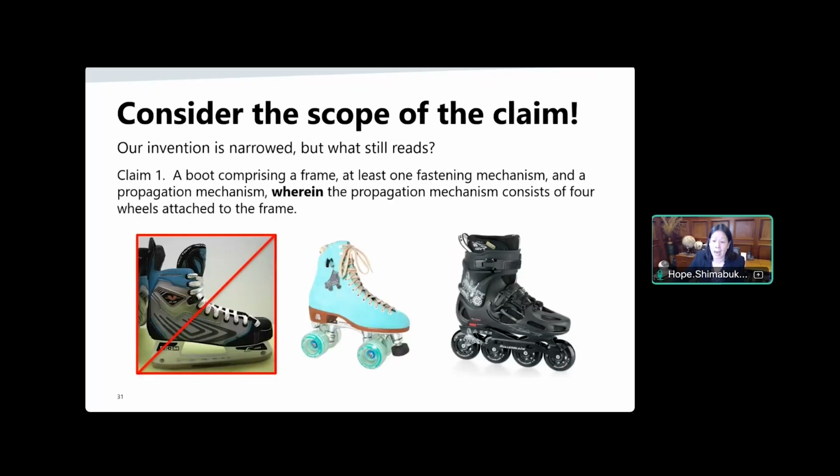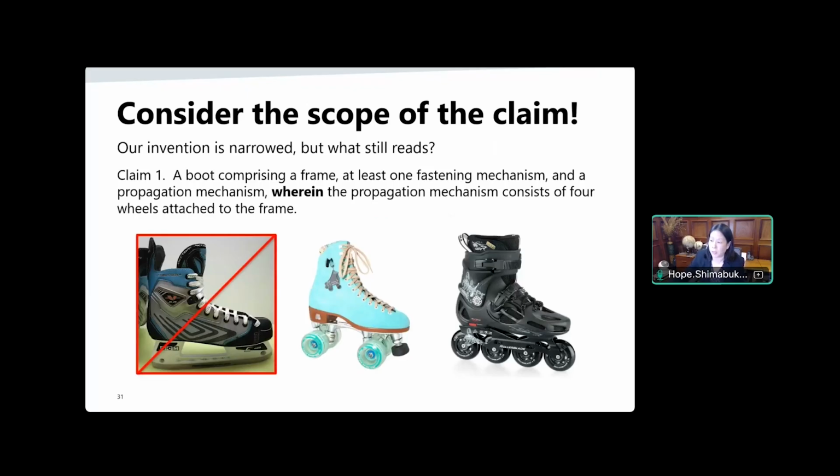So when we add that dependent claim into the independent claim and we amend the claim language, it is something that we can do to be able to make at least one skate be overcome. And so we look at this, a boot, frame, right?